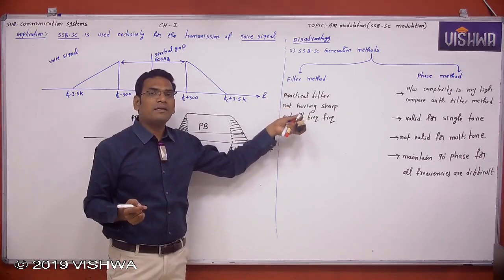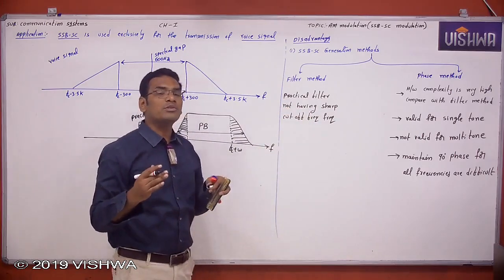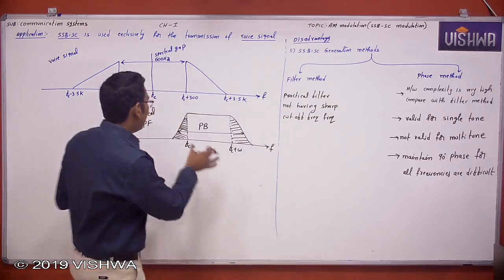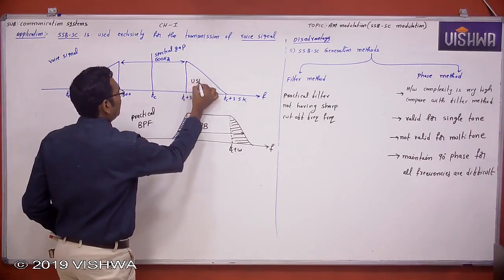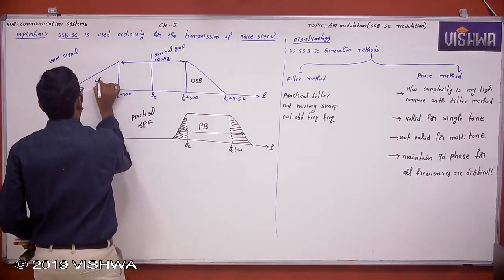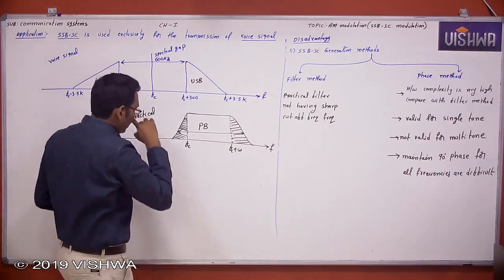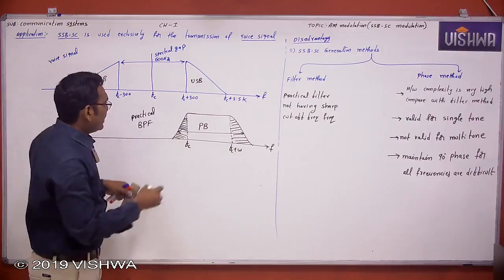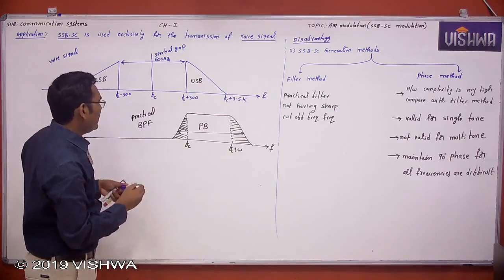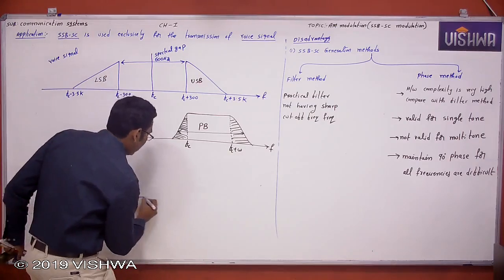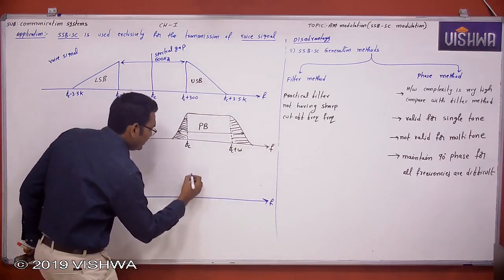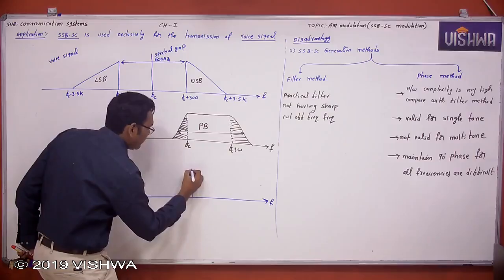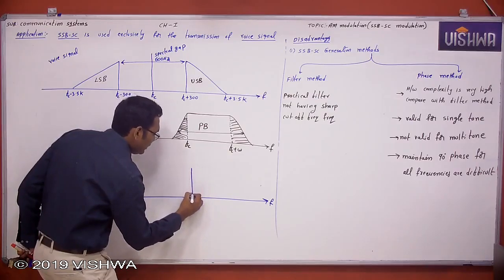Without sharp cutoff, it is not possible to separate one sideband completely. But now with the practical filters, I can separate. This is the upper sideband and this is the lower sideband after modulation. So by using practical filters, can I separate one sideband completely? Yes, you can separate one sideband completely.